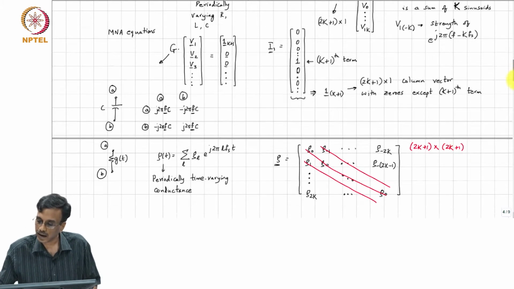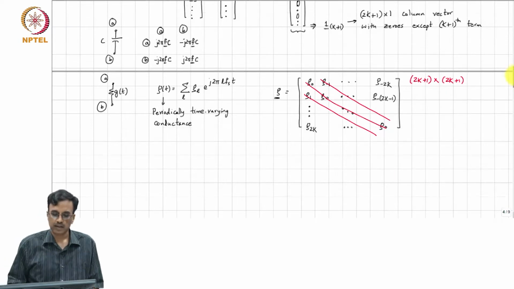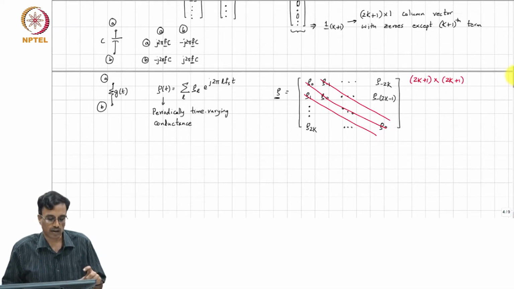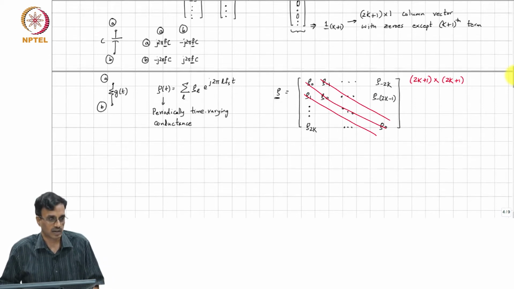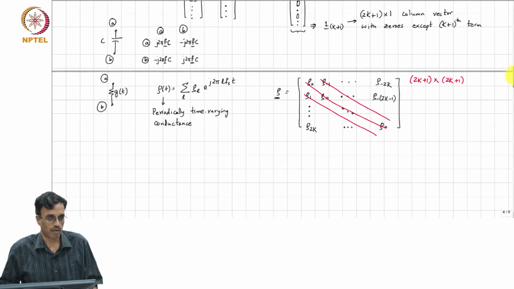All right. And the idea is that if you apply a voltage across A and B, which has got a given harmonic structure, then you multiply it with G and you will get the resulting harmonics in the current waveform, right.